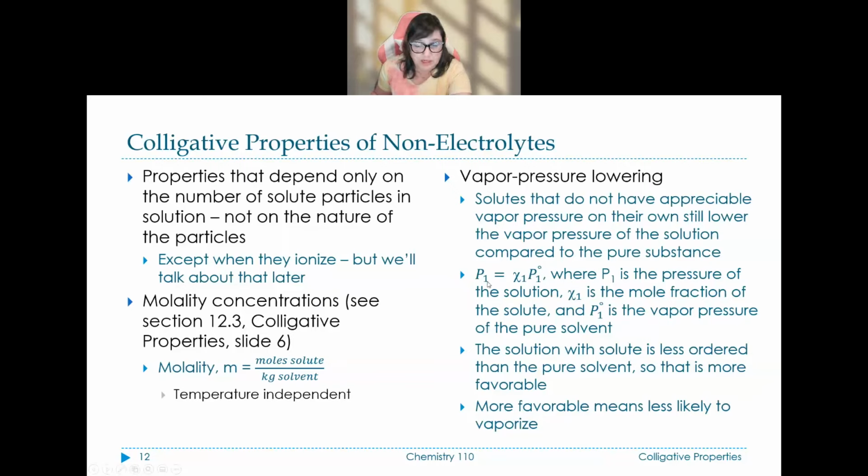If I put something in that, at the surface I have fewer of those molecules that I was initially looking at. Rather than being all water, I may see a sodium, I may see a chlorine. All of those mean that we have less ability to escape that liquid because there are other things present. So the vapor pressure is going to lower because of that.